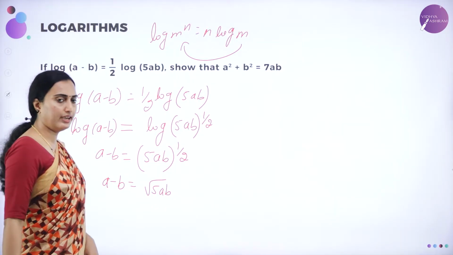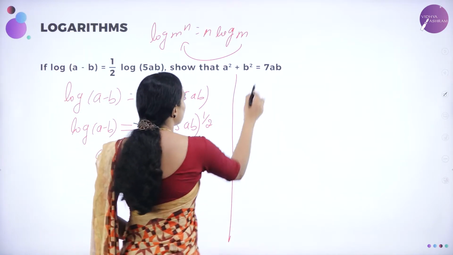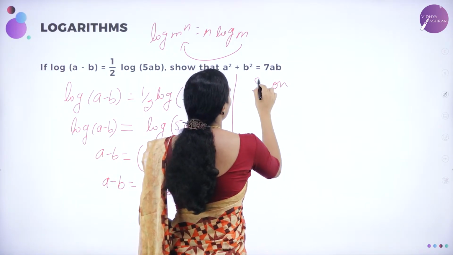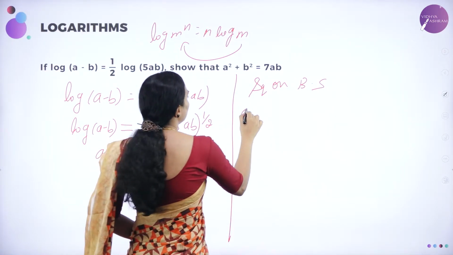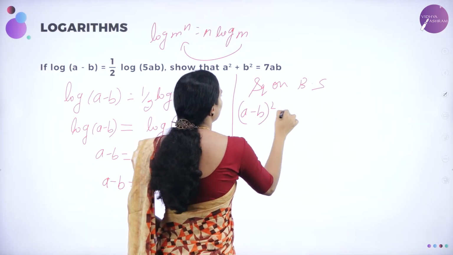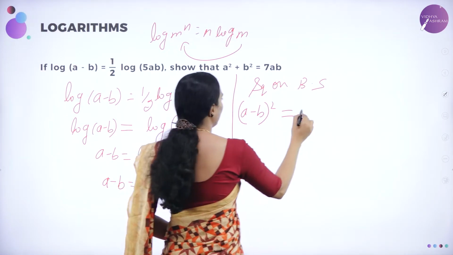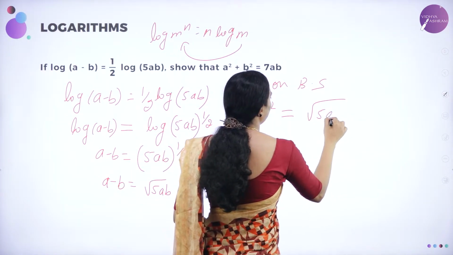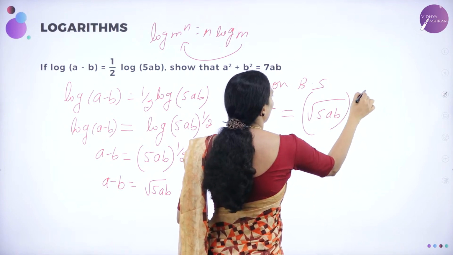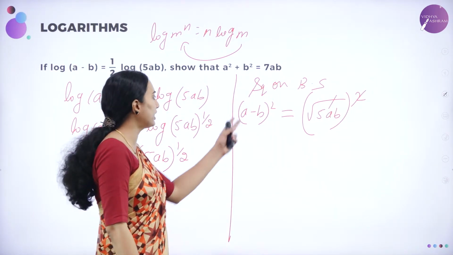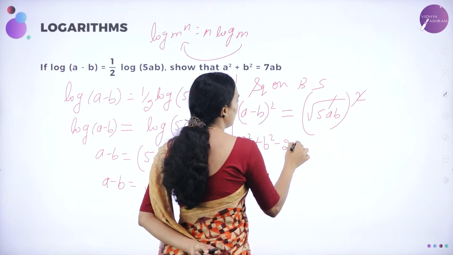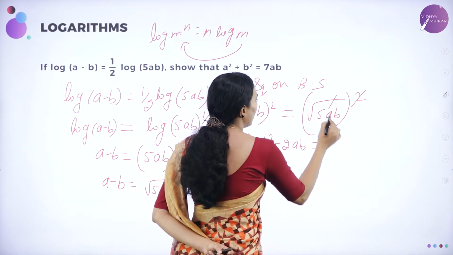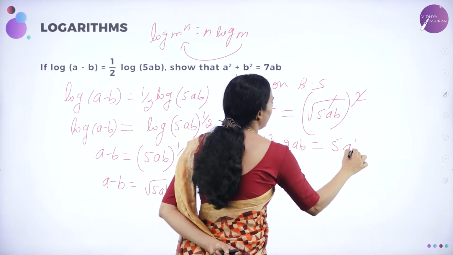Squaring on both the sides, you are going to get a minus b whole squared is equal to root 5ab whole squared. Now root will get cancelled. Let me expand this one. a squared plus b squared minus 2ab is equal to, you are going to remain with 5ab.